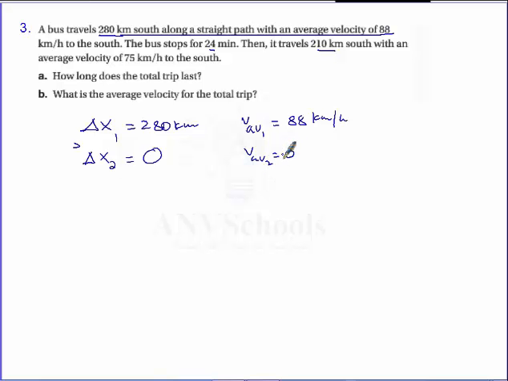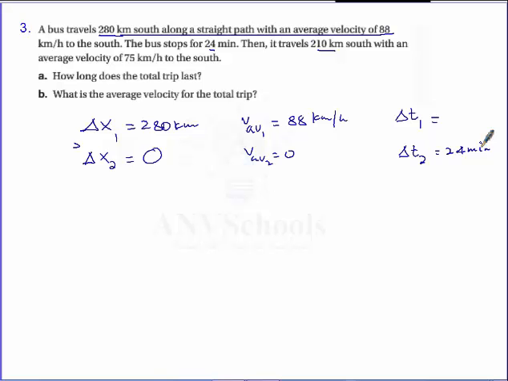The bus stops, and here we want to find delta T1 and delta T2. The bus stops for 24 minutes. We don't know the time interval taken to cover these 280 kilometers; we'll find that.